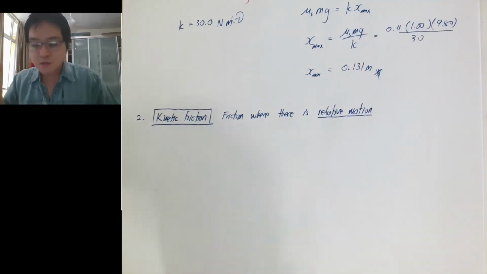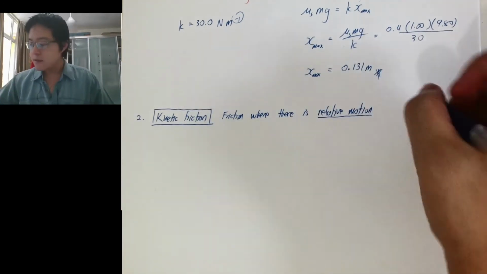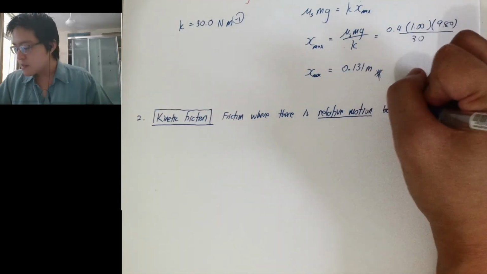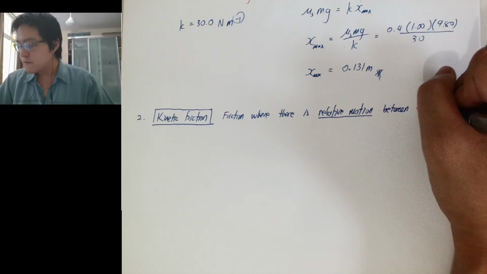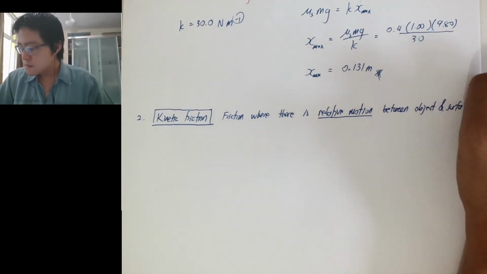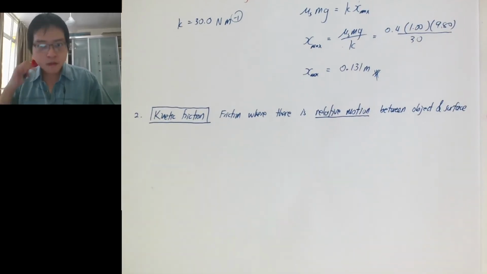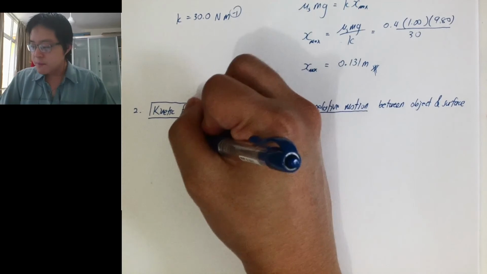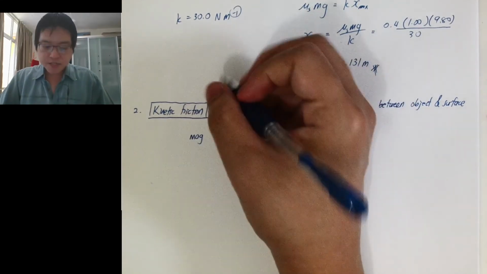It's just one value, and let me finish writing first. So, relative motion between the object and surface. This friction is much simpler because the magnitude is easy and the direction is easy.